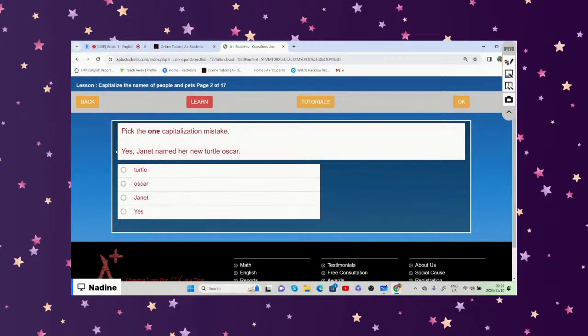Now the test where we are picking the one capitalization mistake, and we're going to choose Oscar. Yes, lovely, because Oscar is the name of her pet, her turtle pet, Oscar.